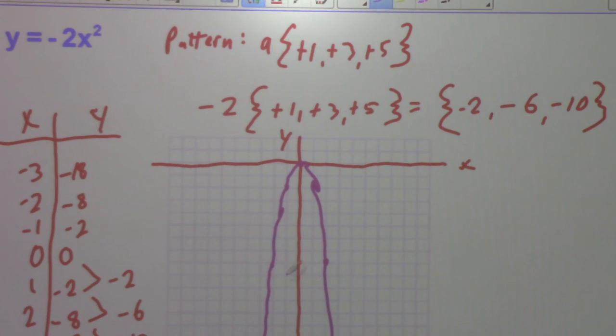And so how the parabola looks, what kind of graphical transformation was performed on the parent function here? Reflection across the x-axis, very good. And what else? A vertical stretch. Vertical stretch and reflection about the x-axis.